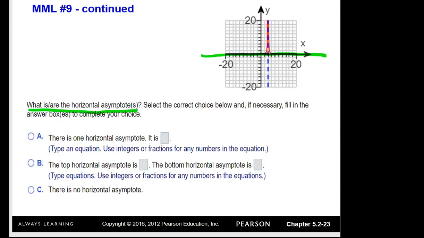There is only one horizontal asymptote, and it is a horizontal line that is always y equal to wherever it's crossing the y-axis, and it's crossing it at 0.